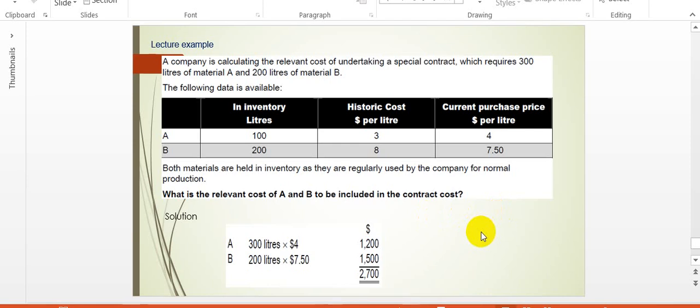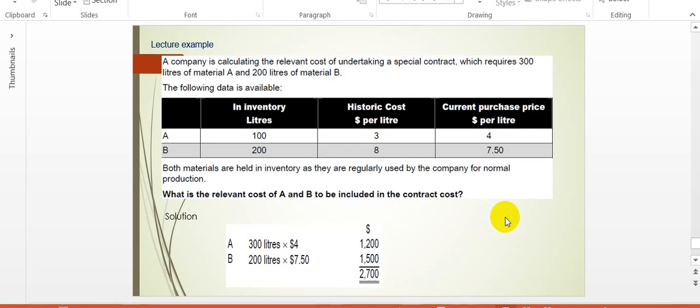I'll repeat. If the material was held in inventory because it was excess that was acquired at some point, and if we take it out of inventory to use it on the new project, there will be no need to replace it.